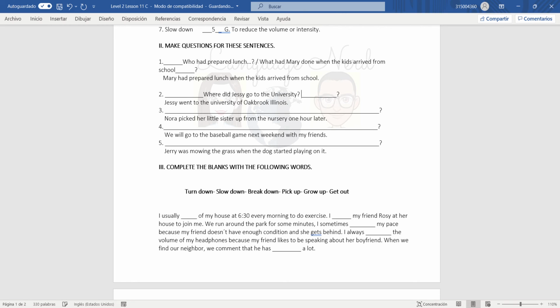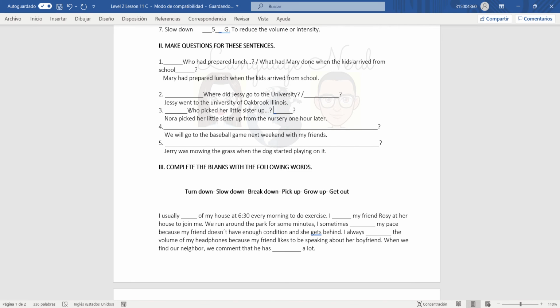You can also ask, who went to University of Oak Brook, Illinois? That's another option. Then question number three says, Nora picked her little sister up from the nursery 1 hour later. So you can ask again, who picked her little sister up, and you continue, nursery 1 hour later.